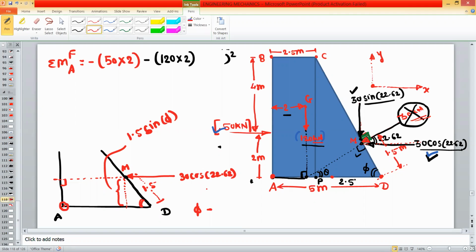Just refer your previous calculation, 67.4. Okay, so the perpendicular side or perpendicular distance will be 1.5 sine 67.4, and that is equal to 1.38. So this is equal to 1.38. So now take the moment. Force is 30 cos 22.62.